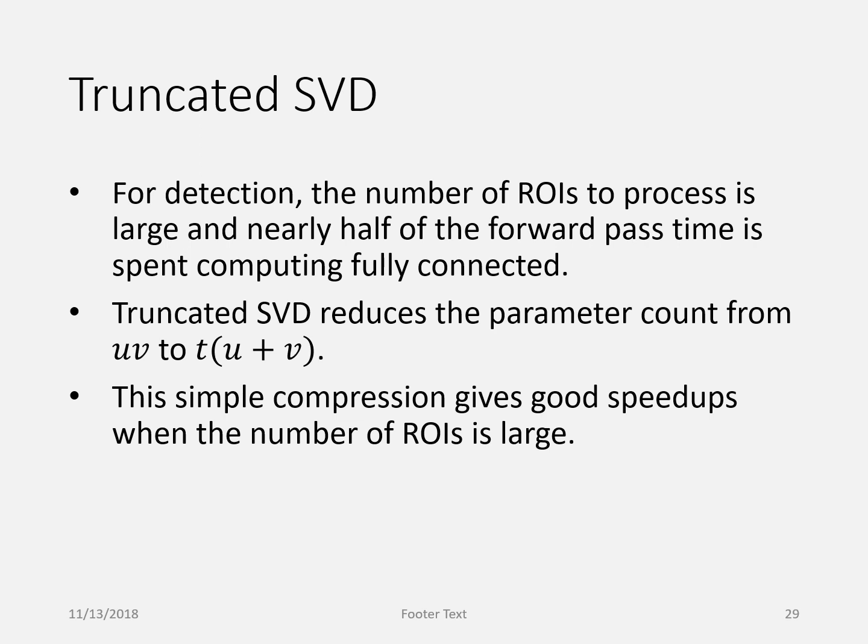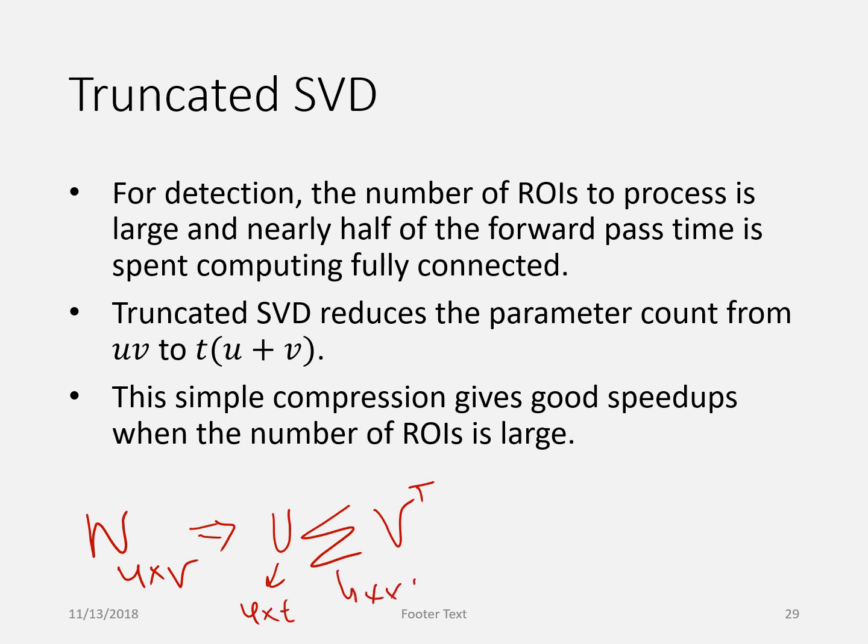Let's say we have a weight in a fully connected layer of size u cross v. We can factorize this matrix into 3 matrices as shown here, such that the size of these matrices turns out to be reduced from the original size.